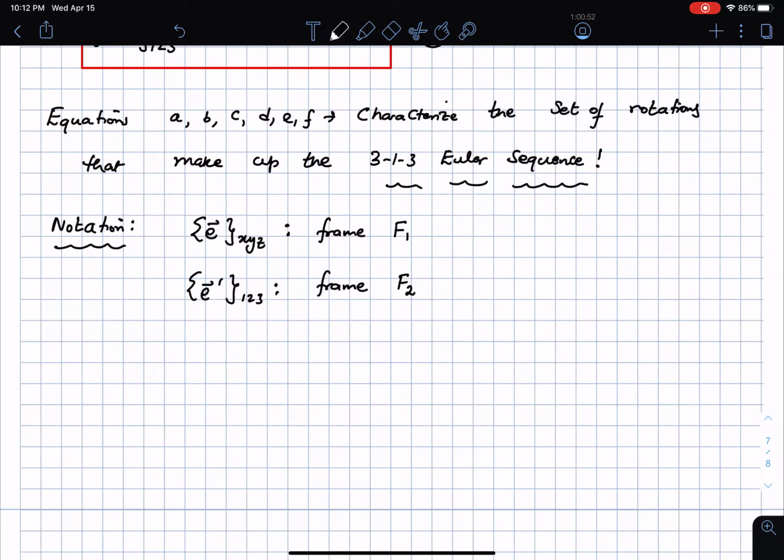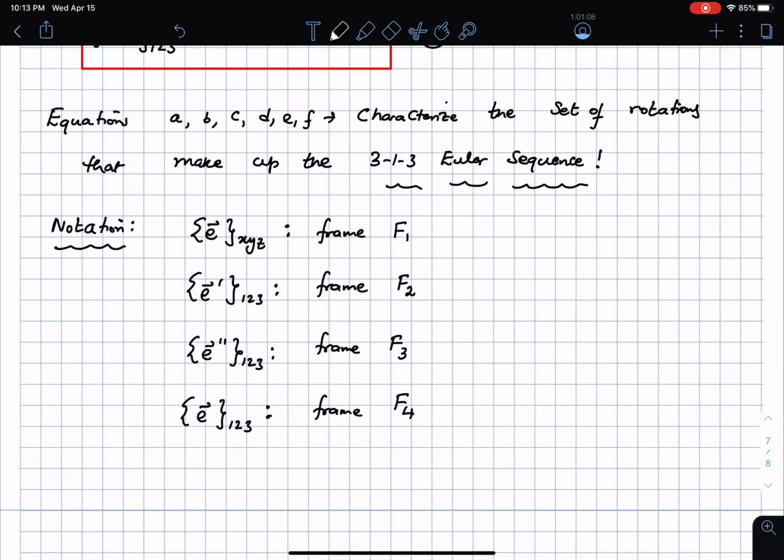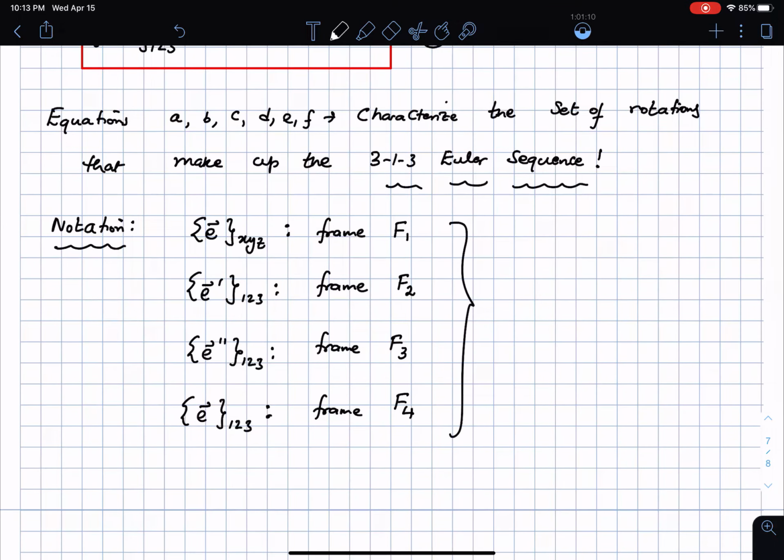Then E double prime 1 2 3 is frame F3, and E 1 2 3 is frame F4. These are the different frames that are fixed to the body.